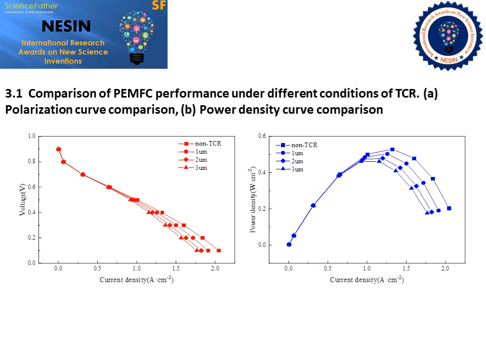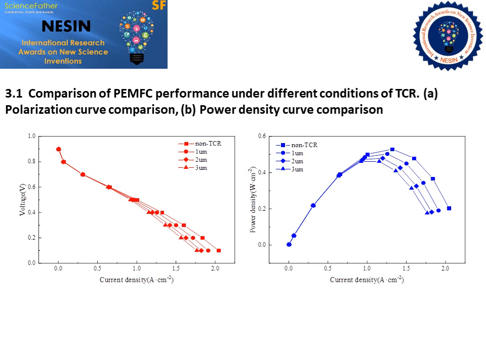This is because when the output cell voltage is higher than 0.6 V, only a small amount of ionization and reduction reactions participate in the reaction of the PEMFC, so the overall performance is low and the performance impact is minor.